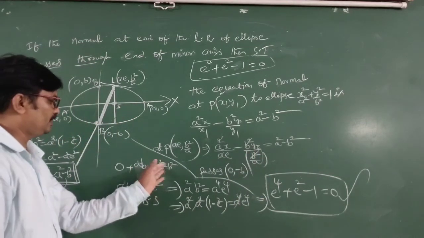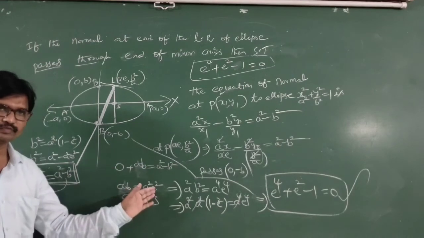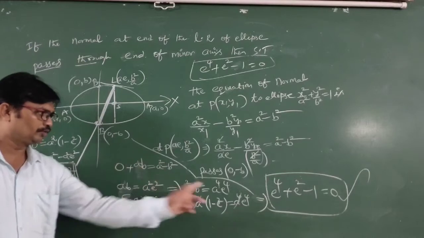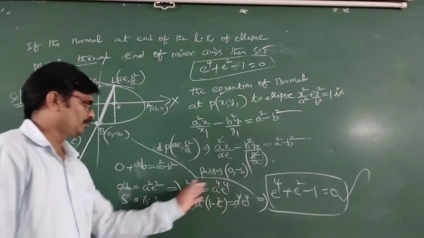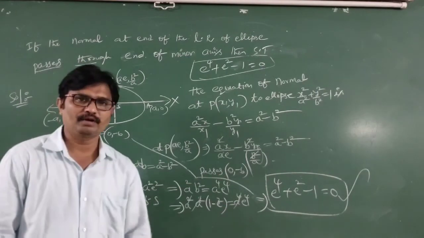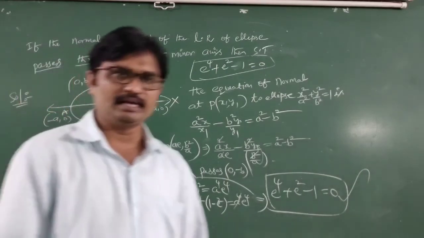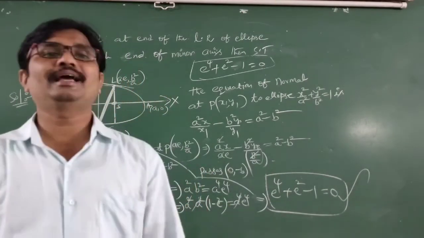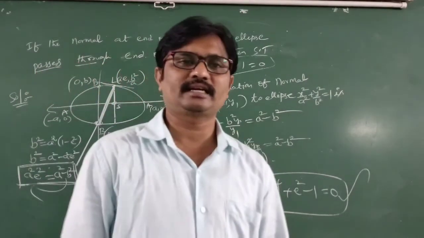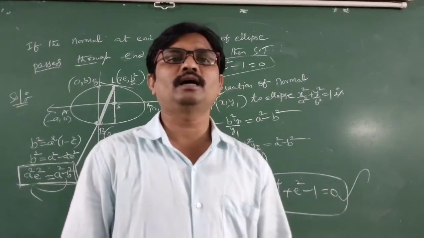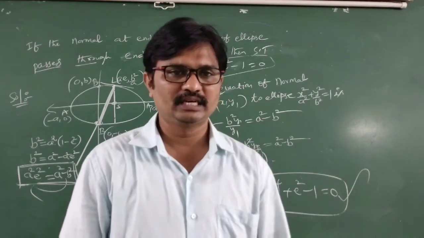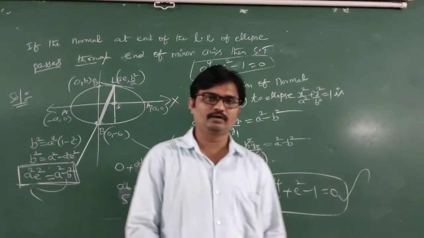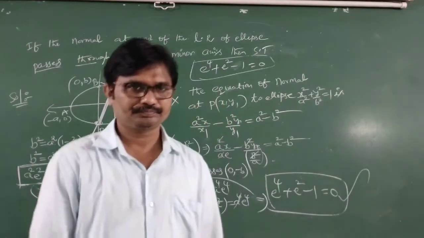Okay students, a square minus b square is nothing but a square e square. When we square on both sides, a square b square equal to a power 4 e power 4. A power 4 is cancelled. Now e power 4 plus e square minus 1 equal to 0. This is what students? The normal at one end of the latus rectum, if it is passing through the end of the minor axis, then e power 4 plus e square minus 1 equal to 0. Okay students?